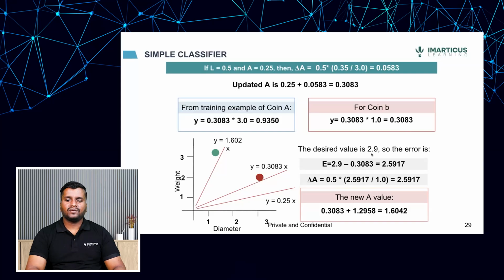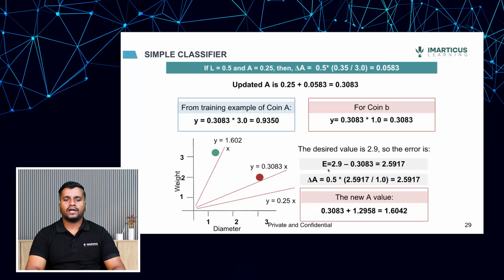So the desired value is 2.9. If we subtract, 2.9 minus 0.3083, we can see 2.5917 is coming for the E value, and delta A is going to be E by X, so 2.5917 divided by the X value, which is 1.0, and we multiply this with the learning rate here as well.